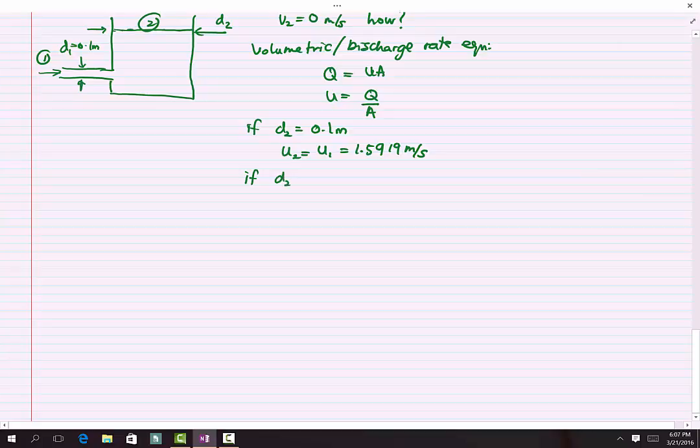If D2 equal to 2 meter, using this illustration, we assume that Q, the volumetric flow rate flowing into the tank, is constant. So the difference is in area.